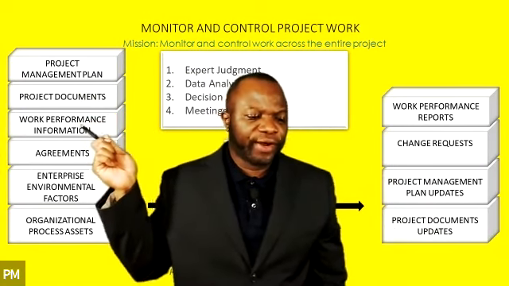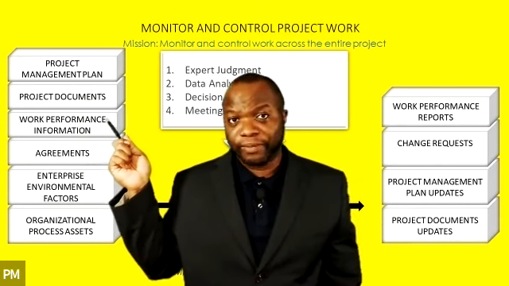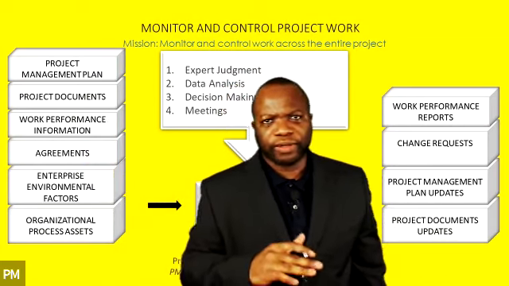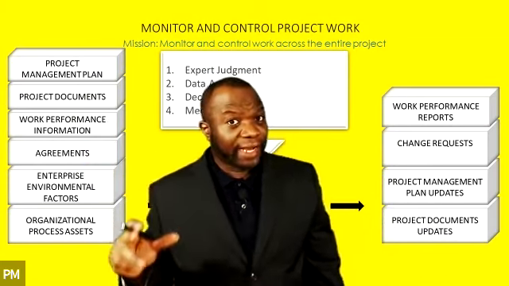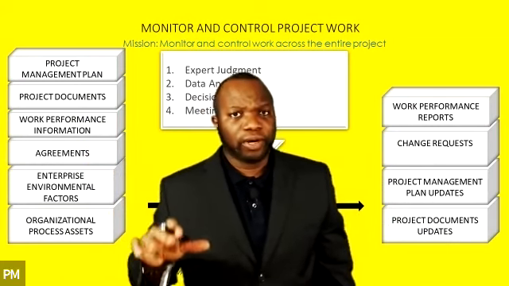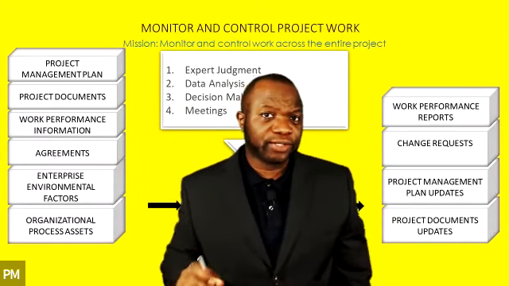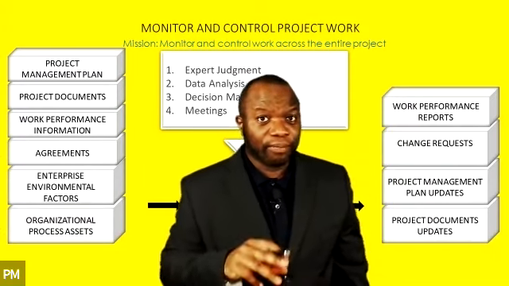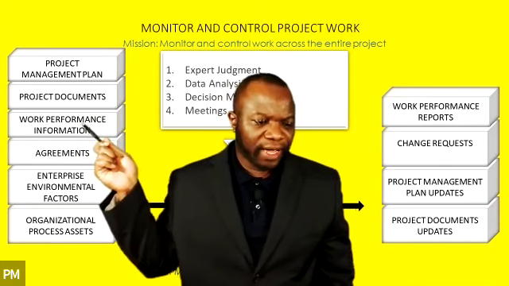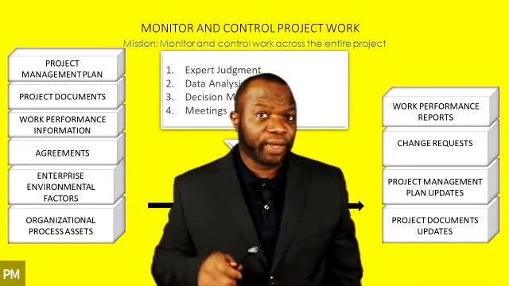Now we have a very important appearance of WPI, Work Performance Information. Work performance information comes from all of the processes outside of integration that are within the monitoring and controlling process group. So all the way from scope down to stakeholder within monitoring and controlling, they all give you WPI. That is very important. This is a recurring theme in the PMBOK guide.